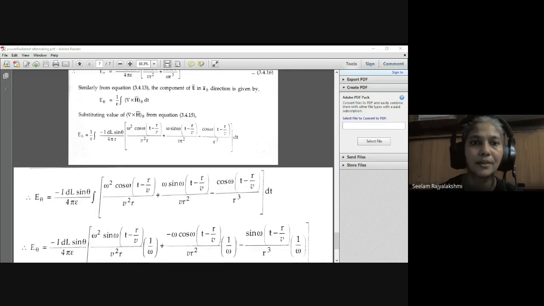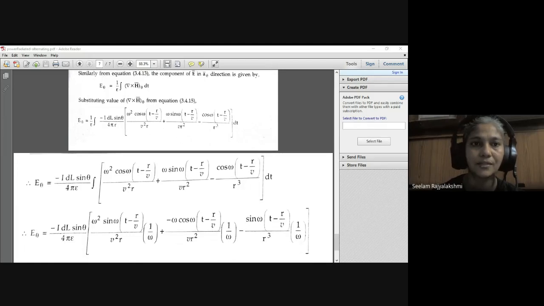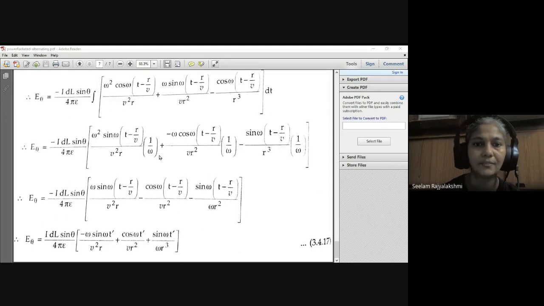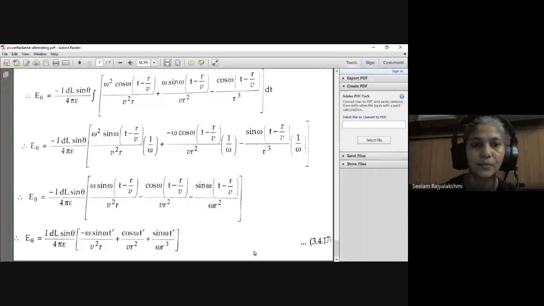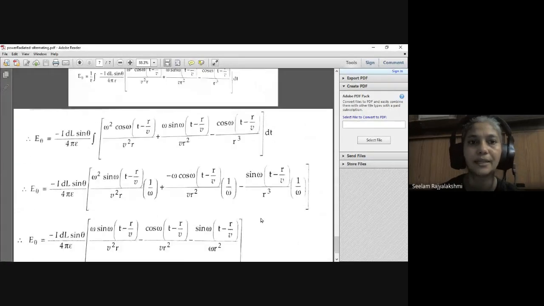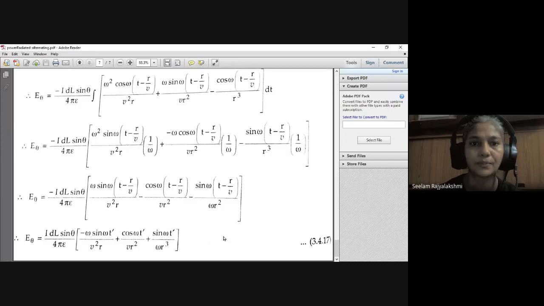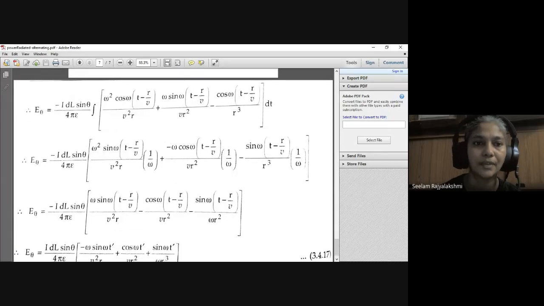Again replacing del cross H theta and simplifying this equation, finally we will obtain E theta equals I dl sin theta by 4 pi epsilon, into minus omega sin omega t dash by nu square r plus cos omega t dash by nu r square plus sin omega t dash by omega r cube. So by simplifying this, we obtain the E theta value.